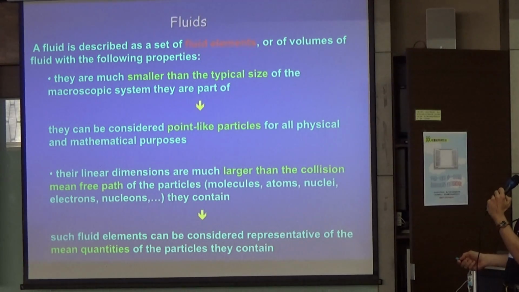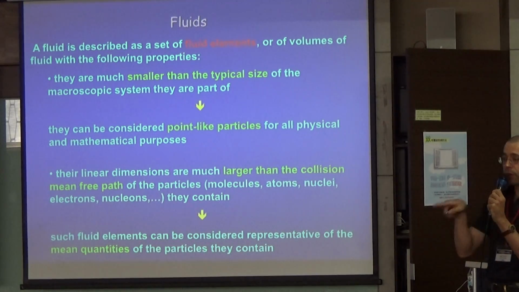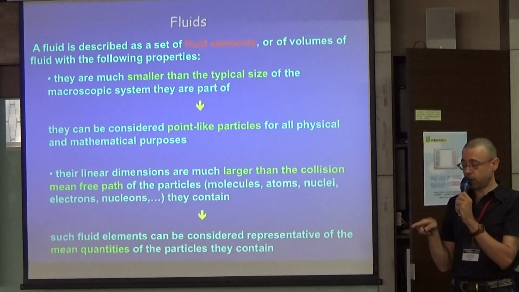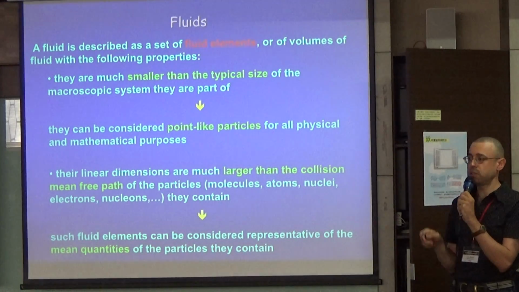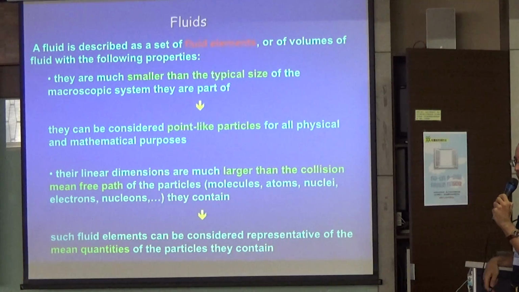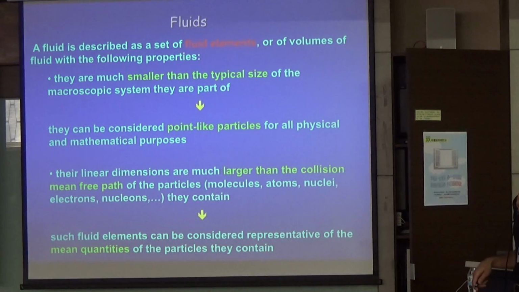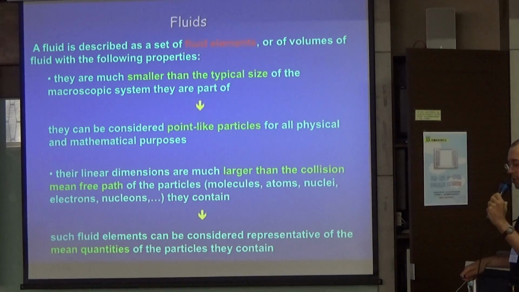On the other side, these fluid elements must be larger than the collision mean free path of the particles that they are made of, whatever they are, so that the values that we assign to a fluid element represent well the average of physical quantities of the particles contained in this small volume. Density, energy, and velocity. This is the standard interpretation of fluids.